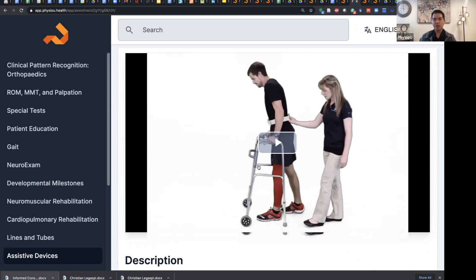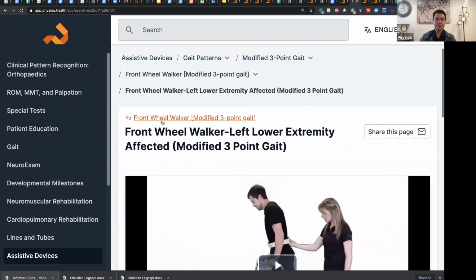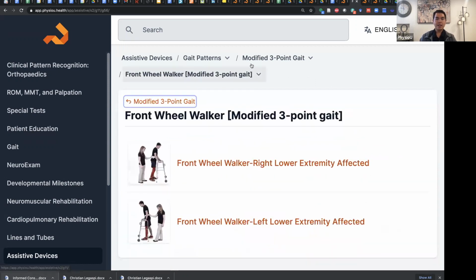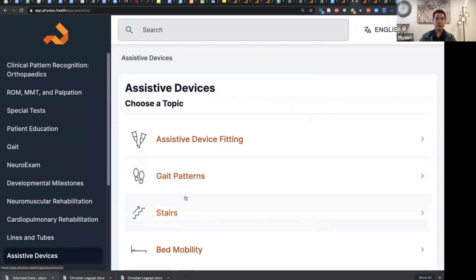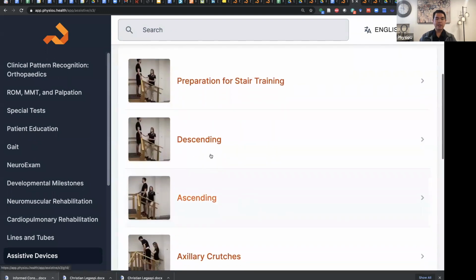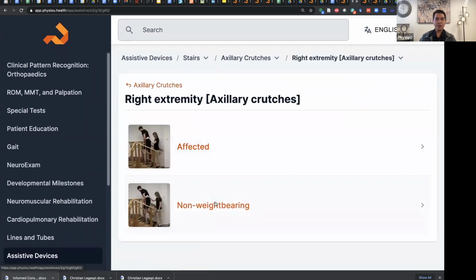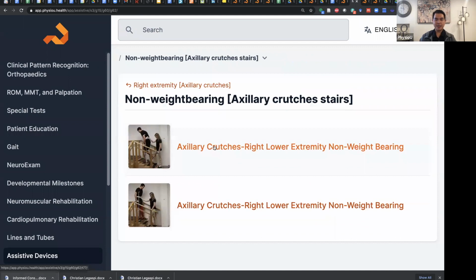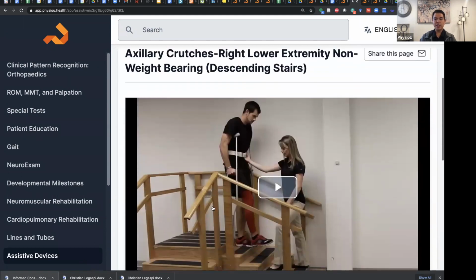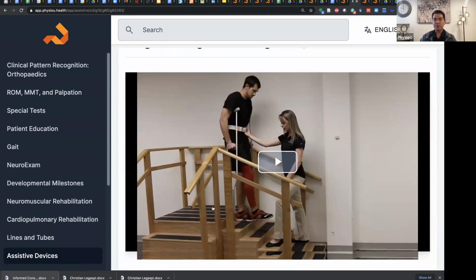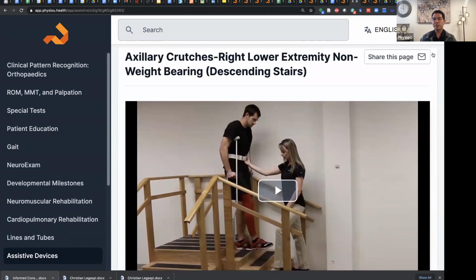You can see we marked the leg with a red stocking. And all of this actually goes to stairs. I want to use axillary crutches with right extremity, non-weight bearing. And here is how we do it: ascending and descending stairs. All of these videos we use to teach in the classroom, and then they use these when they're in the clinic by sharing these videos.